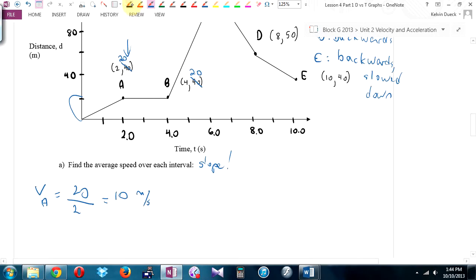What about section B? What's the average speed at section B? 0. Yeah. What about section C?